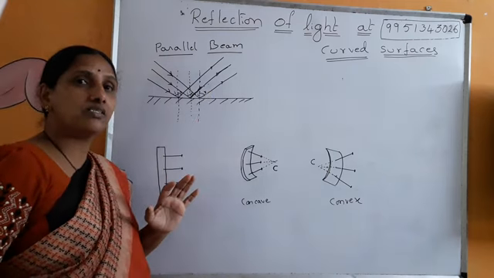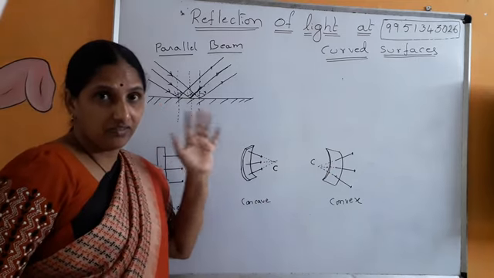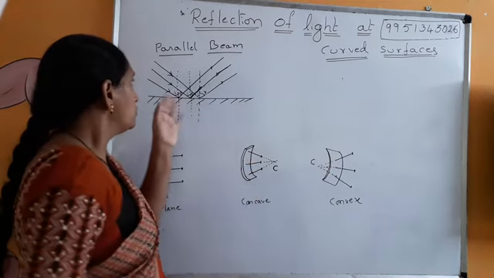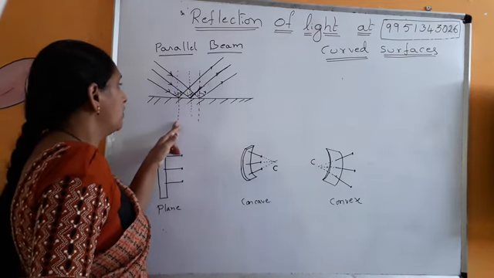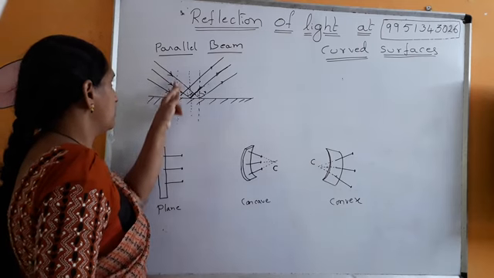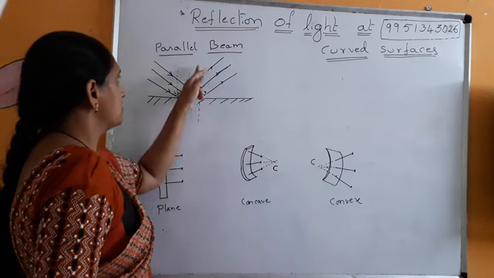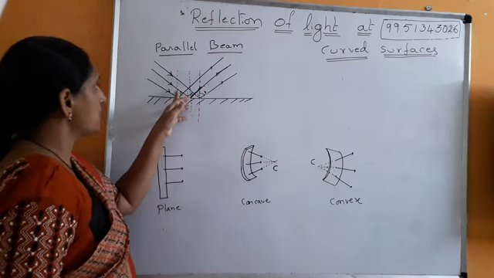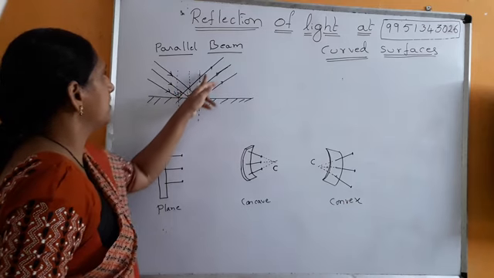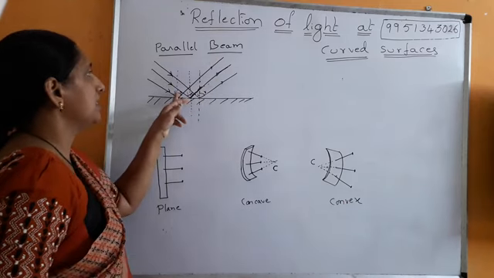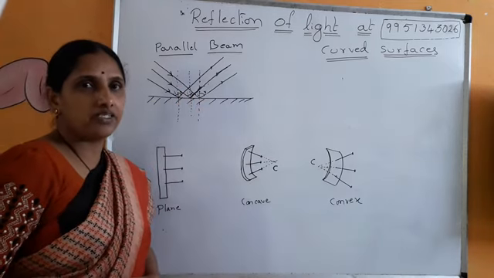Yesterday we discussed one more point, that a line is a set of infinite points. So wherever the ray is incident, we imagine a normal. For the first ray here is the normal, for the second ray here, and for the third ray here. With respect to the normal, the ray makes an angle i, and the reflected ray makes an equal angle, by the law of reflection.